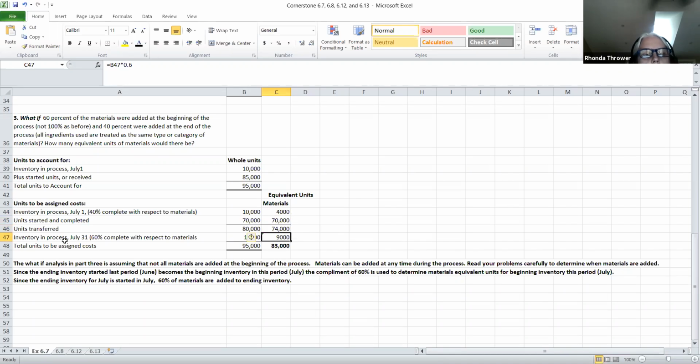The units in ending inventory with respect to materials, now we're not talking about conversion here, we're talking about materials, is 60%. And so what we had to do is we had to multiply the ending inventory by 60% of the ending inventory units, which was 15,000.